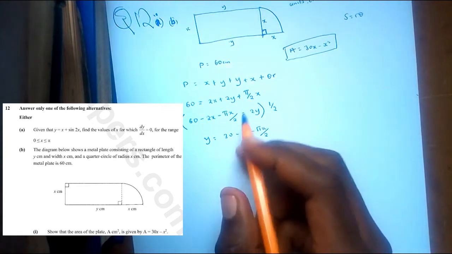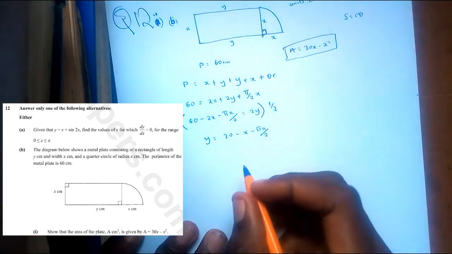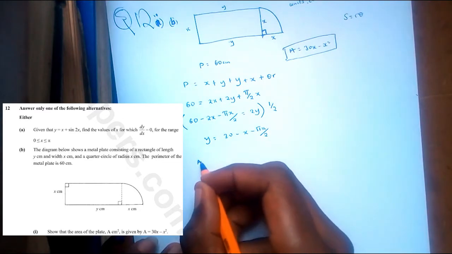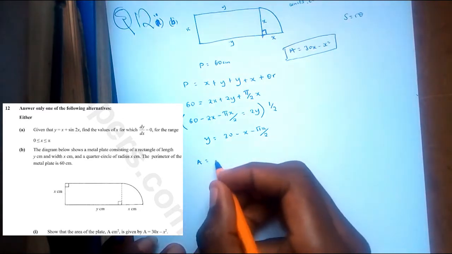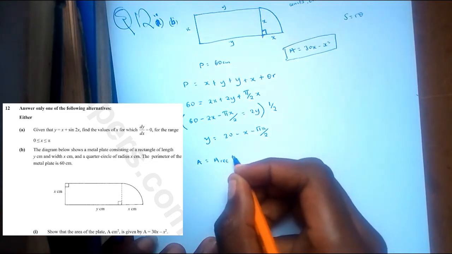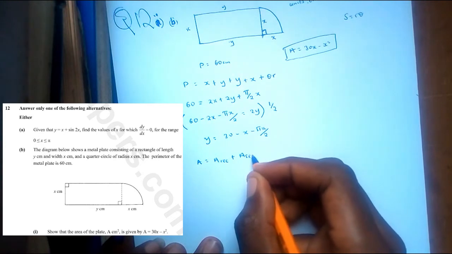Then to find the area, the area will just be the area of the rectangle plus the area of the sector.